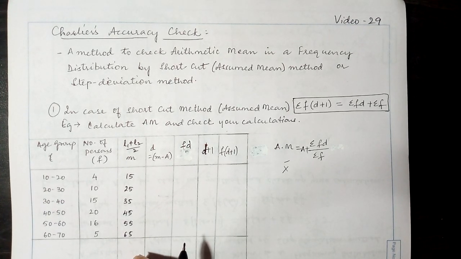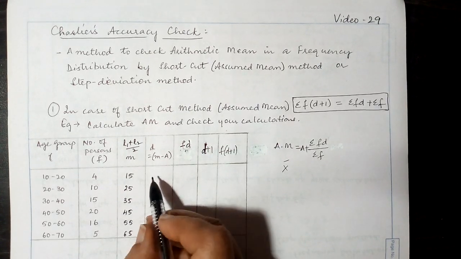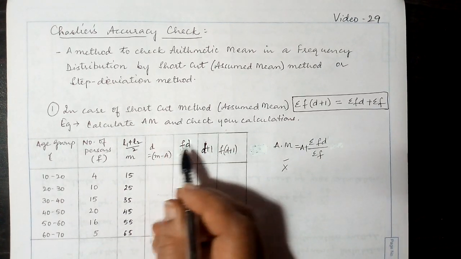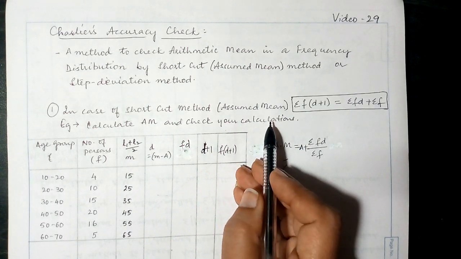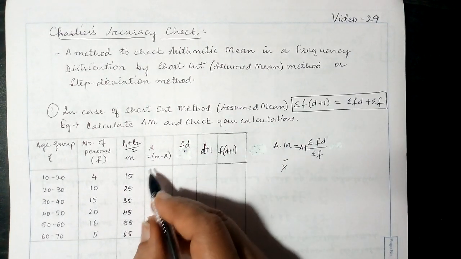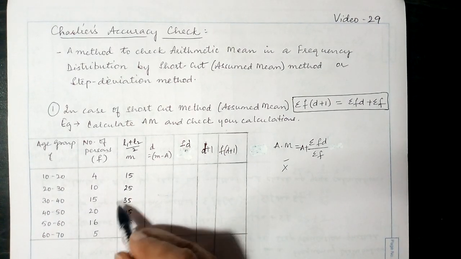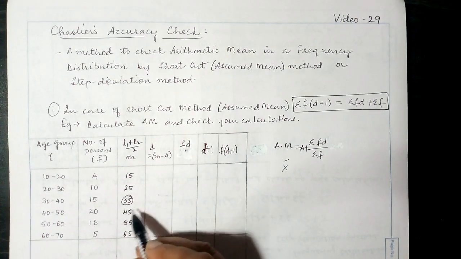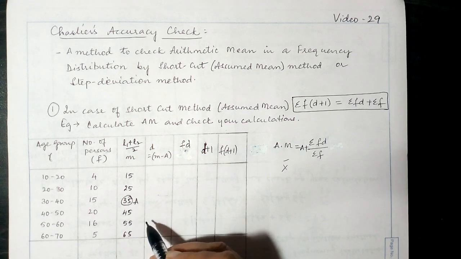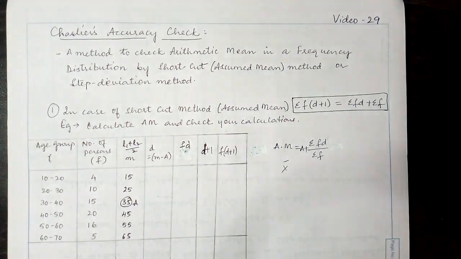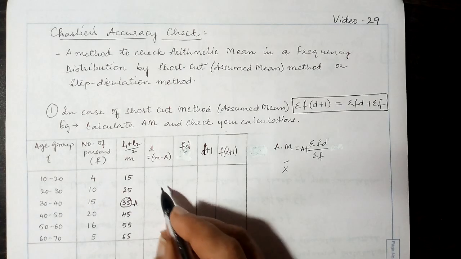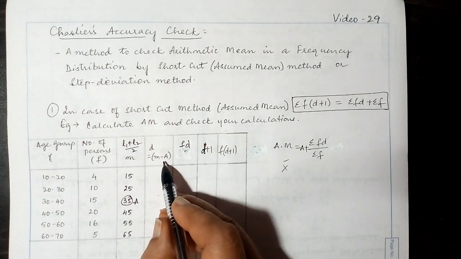Now from here, let's calculate the arithmetic mean by the usual method that we learned earlier. Since this is the assumed mean method, we need to first calculate the deviation from the assumed mean. Let us assume the mean to be the centermost value, which is 35. Now let's calculate deviation. Deviation is equal to m minus a.